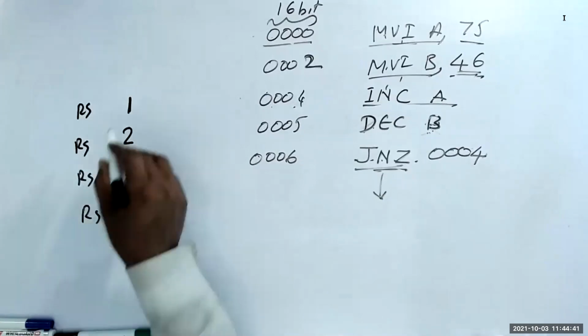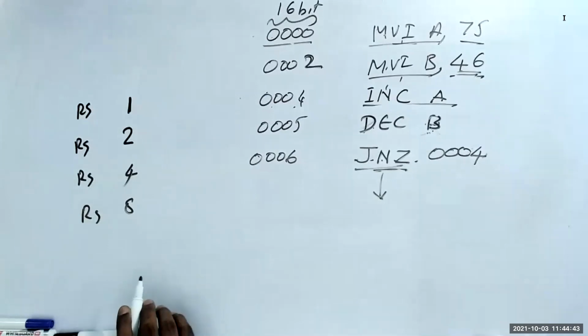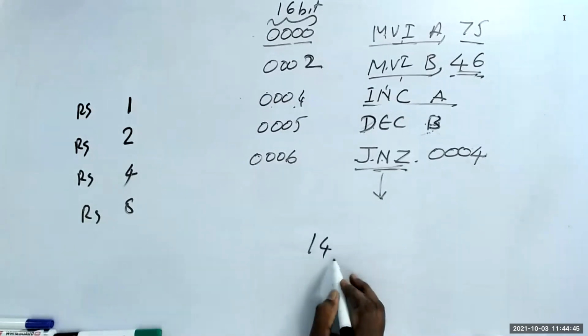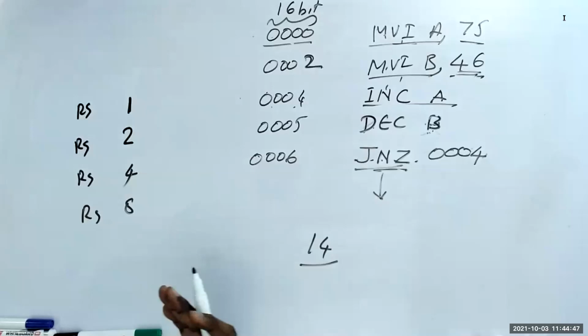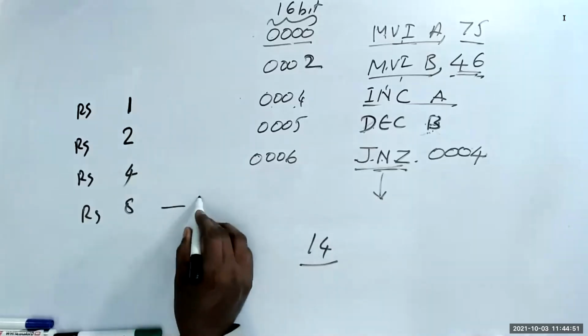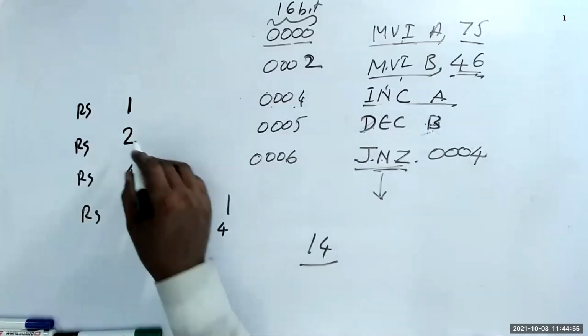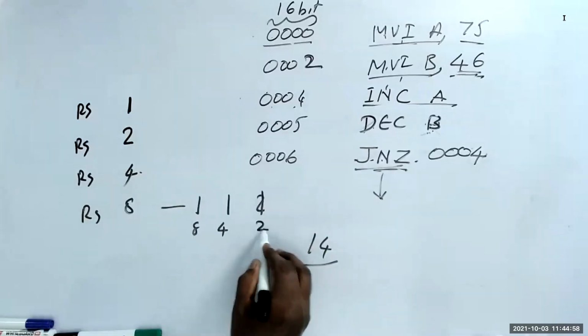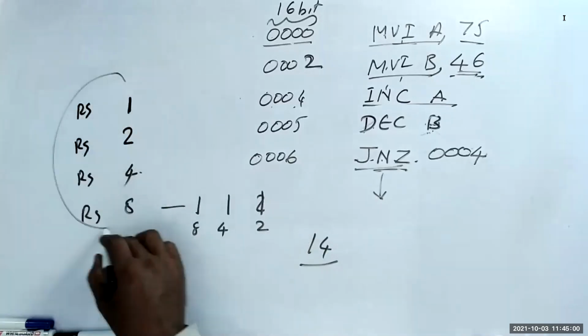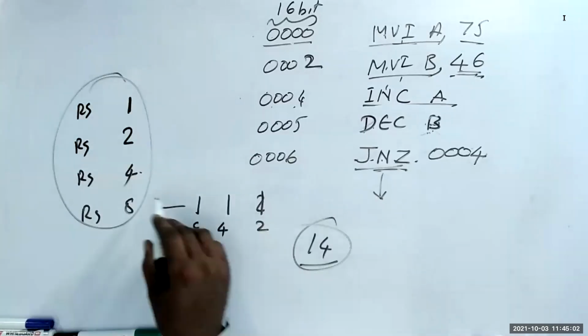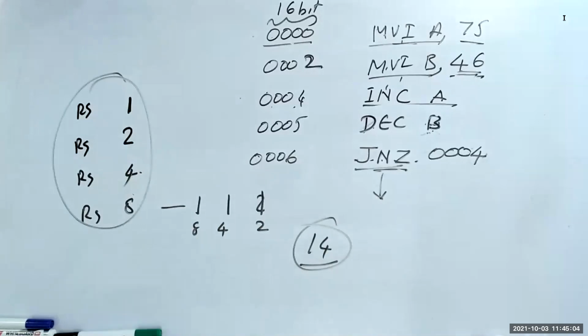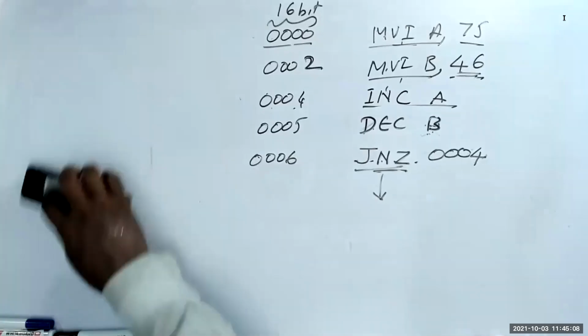I ask you to give 14 rupees. So you give one 8 rupee, one 4 rupee, one 2 rupee. You have this, you want this. Can you match or not? This is simple thinking. The same thing I have here.